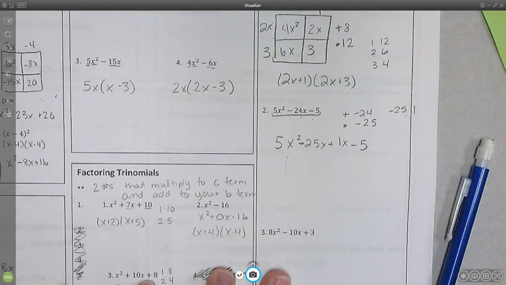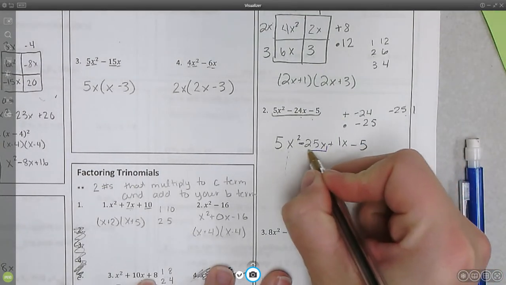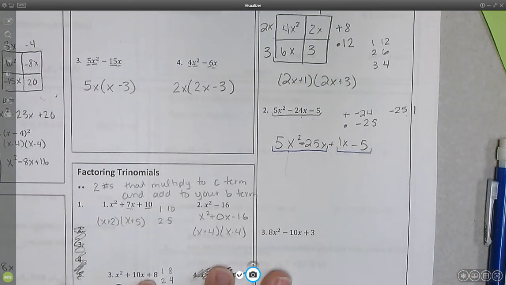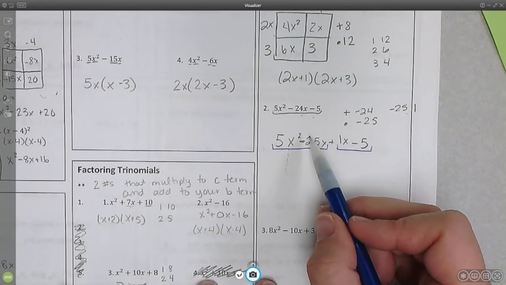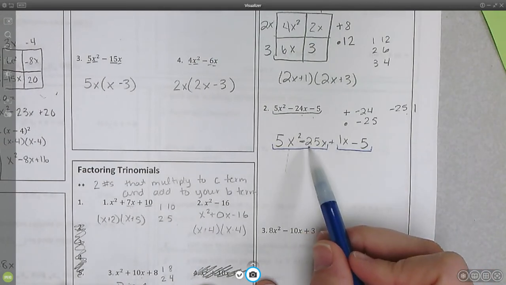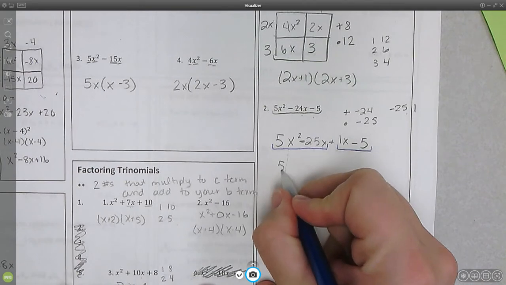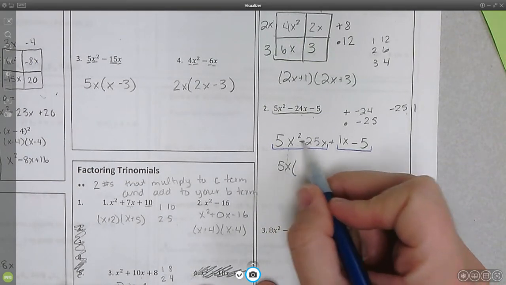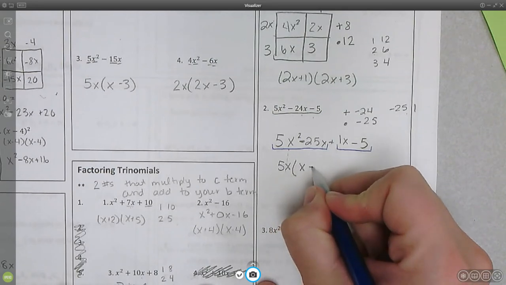Now you do the grouping. We're going to group these two together, and group these two things together. We want to take out our greatest common factor. Between 5x squared and negative 25x is 5x. If I take 5x out of both of these, I'm left with x minus 5.